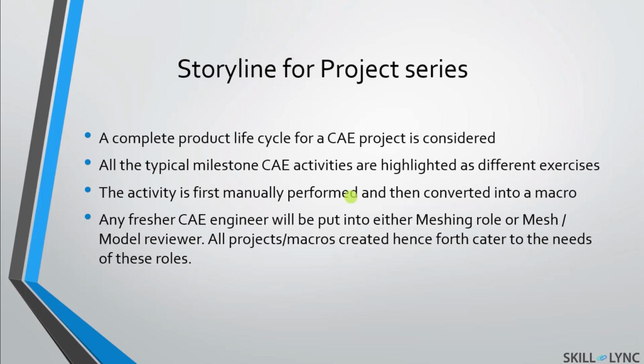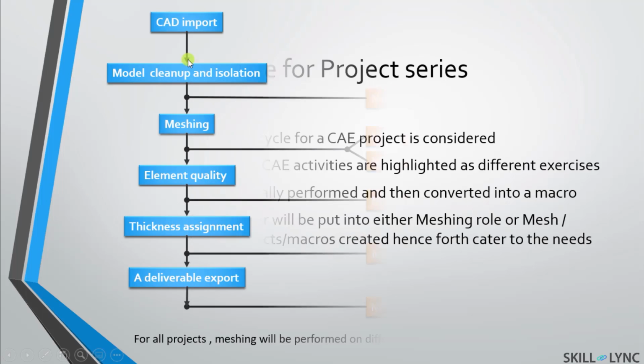If you are starting your CAE journey, most probably you will be a meshing engineer, or if you are a little experienced with meshing and model building, you will also be a reviewer. All the macros that we will try to cover here cater to the needs of these two roles. In the next slide, I will show you a list of CAE activities that we are going to look at and the different macros that can be built for them.